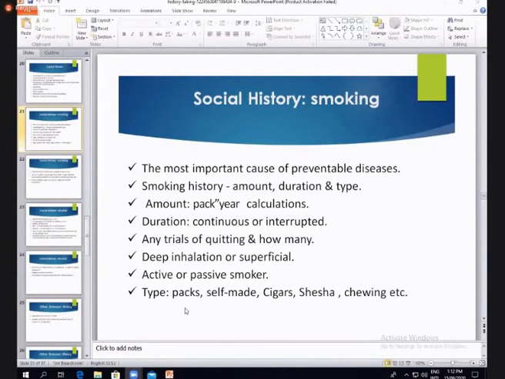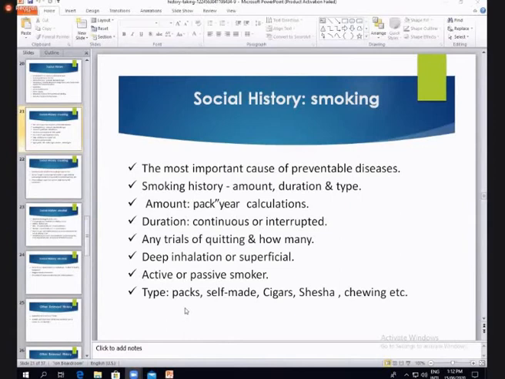And by the way, the pack-year calculation and the passive smoker inquiry are really very important, because the pack-year calculation is going to give you a clue towards the time of exposure that the patient has elapsed since the onset of the damage caused by the smoking, because we all know that smoking is a very big risk factor for bronchogenic carcinoma.